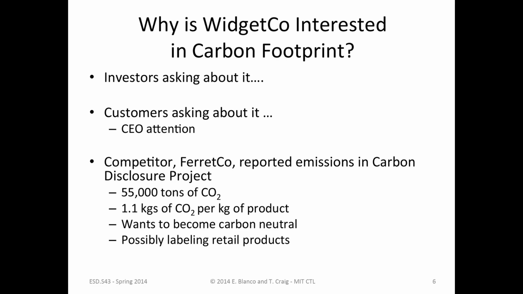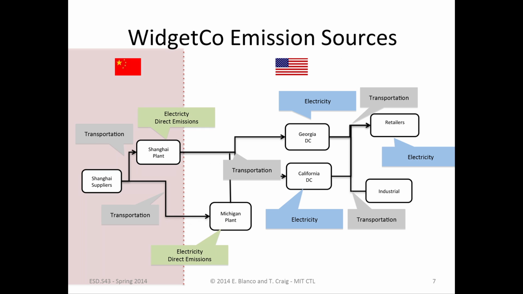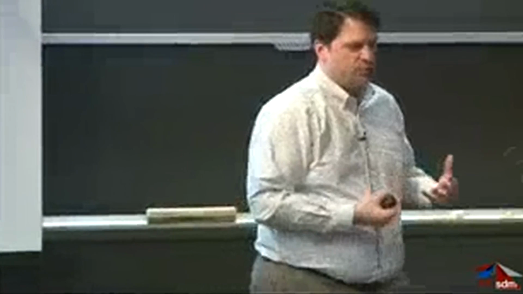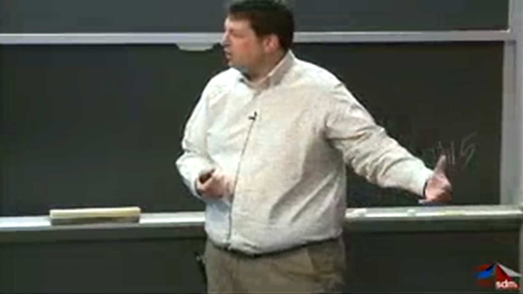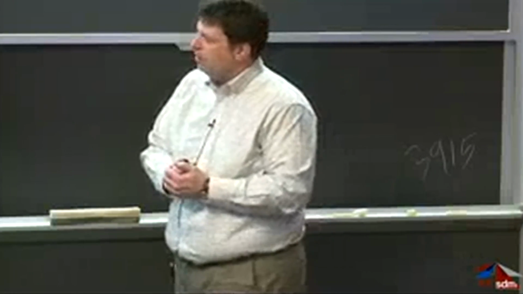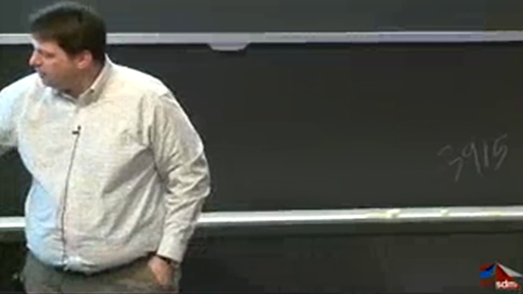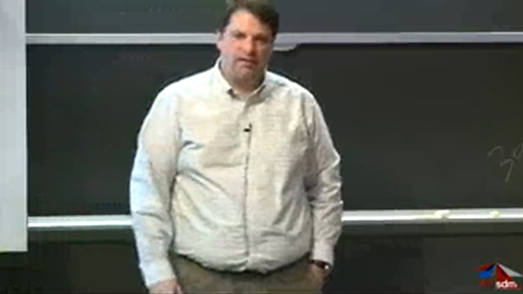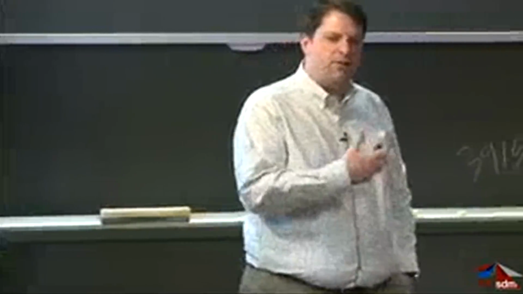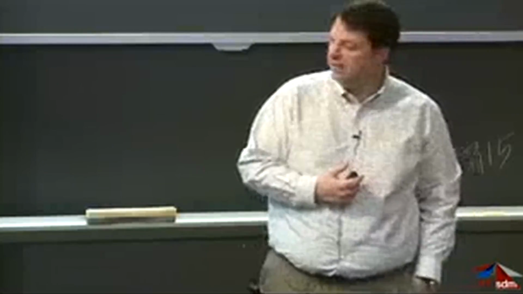So with that in place, if we look at the supply chain, we have a number of different emission sources, right? We have all of these different transportation pieces that are linking these different flows that we have some data for. We have emissions coming from our plants in terms of electricity and direct emissions. Obviously you're consuming electricity that generated emissions at the power plant when it was created. You also might have some direct emissions. We didn't specify where that's coming from, but you might be burning natural gas or fuel oil in the facilities.